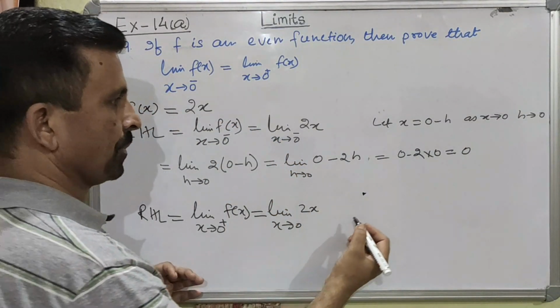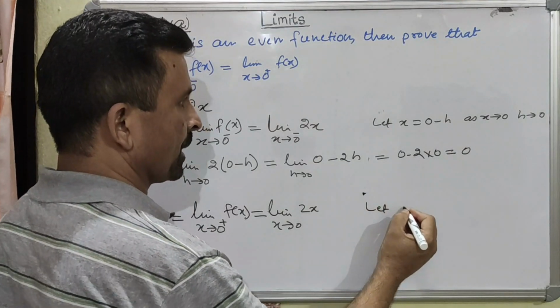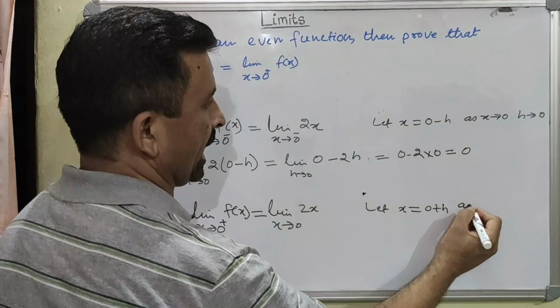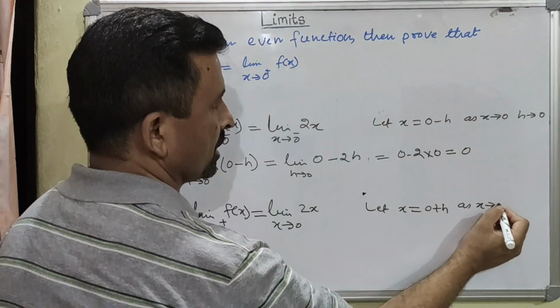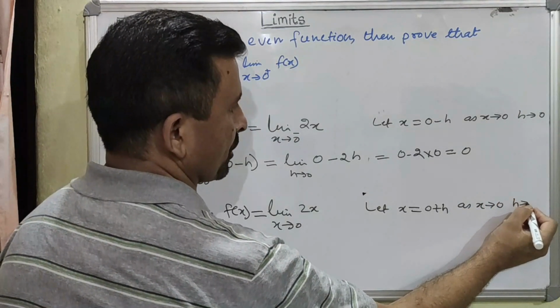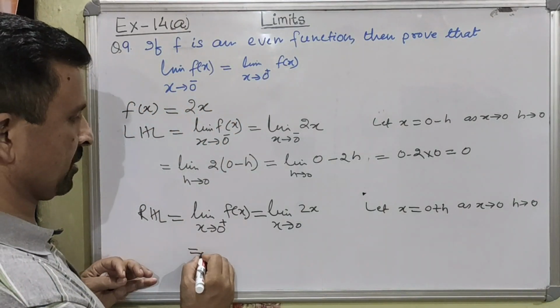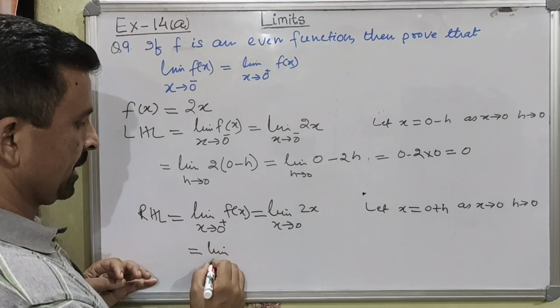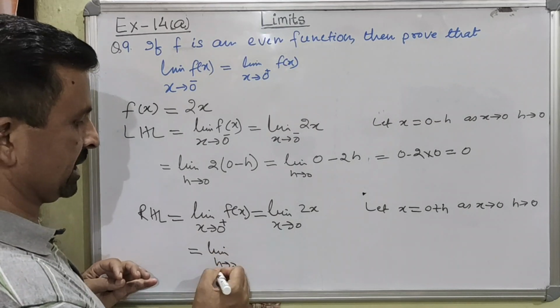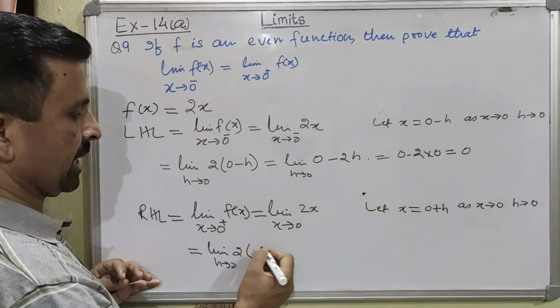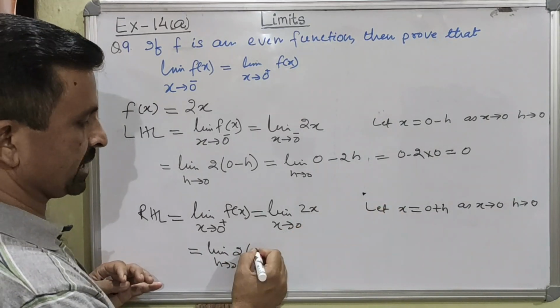After this we will assume let x is equal to 0 plus h, and as x approaches 0, h is also approaching 0. We'll change the limit to h tending to 0, and then 2, and for x we'll write 0 plus h.